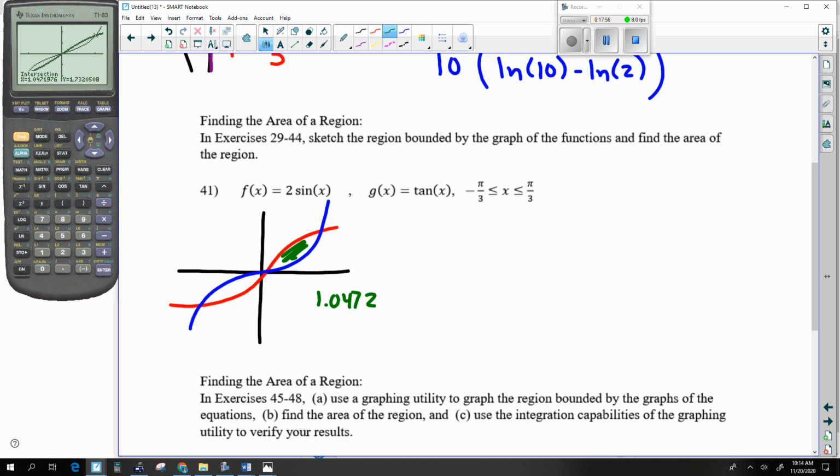Okay, that's what it's telling me that x intersection is. Now, I don't want to use that. It probably has a smarter version. So I'm just going to check out what pi over 3 is, because they gave it to me for a reason. And what do you know? It's the same thing. So this upper limit is pi over 3.